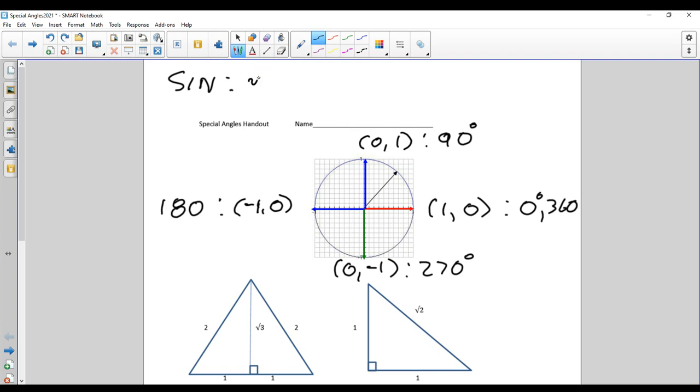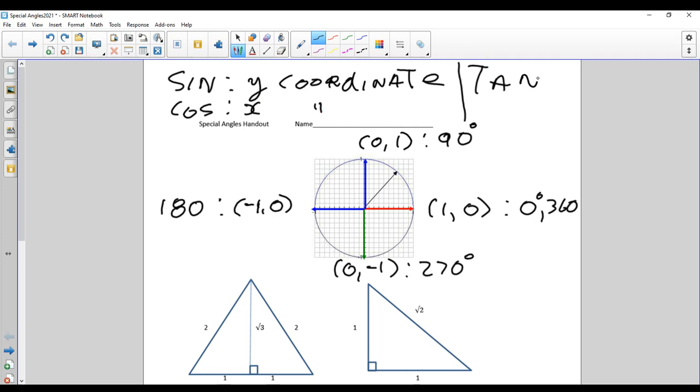The sine is your y coordinate. It turns out that your cosine key is actually your x coordinate. And it turns out that your tangent key, I just use tan short for tangent, that's actually your y coordinate over your x coordinate.